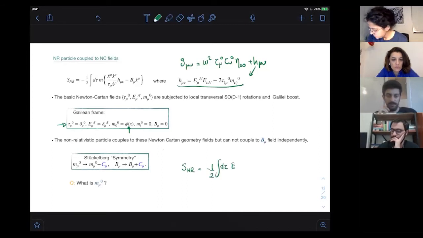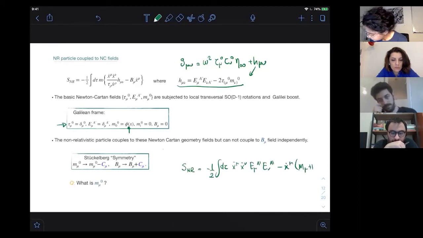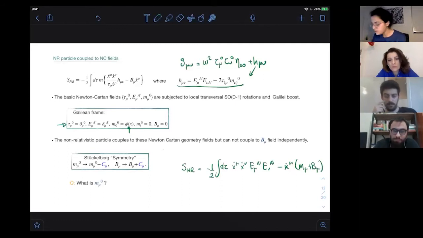So this is the special part: minus x dot^mu (m_mu plus b_mu). So from the particle point of view, the coupling only sees a combination of m and b. That means that for the particle, it cannot distinguish whether it couples to m or b.